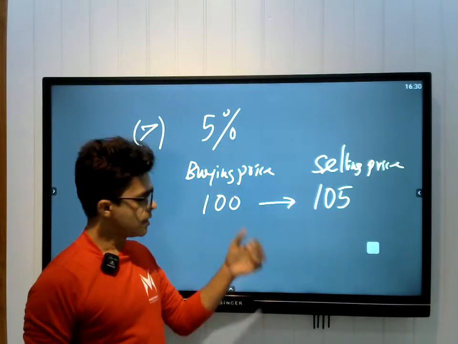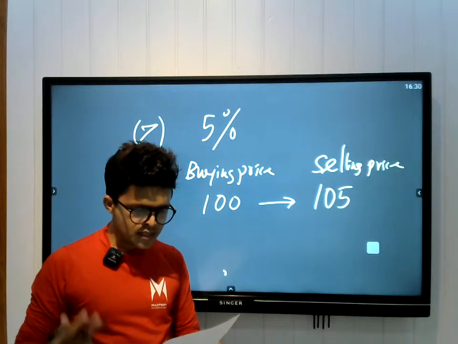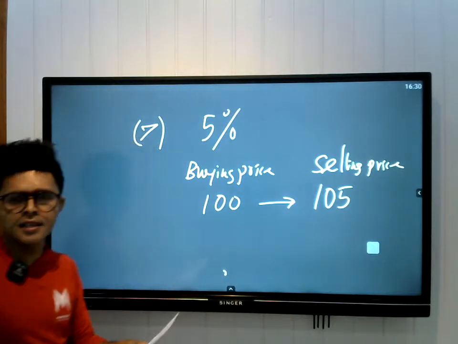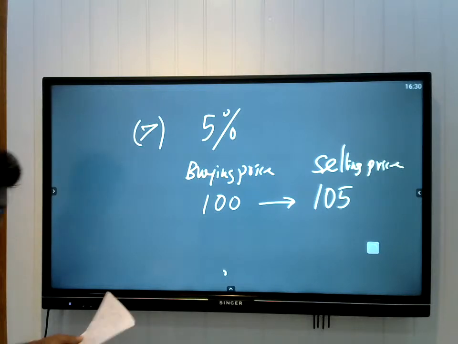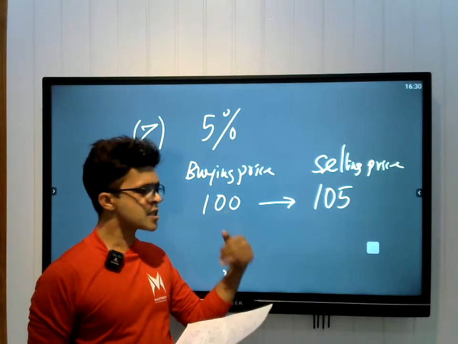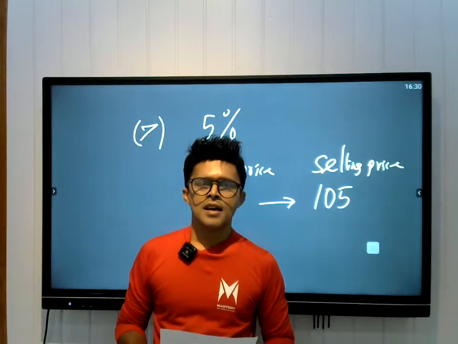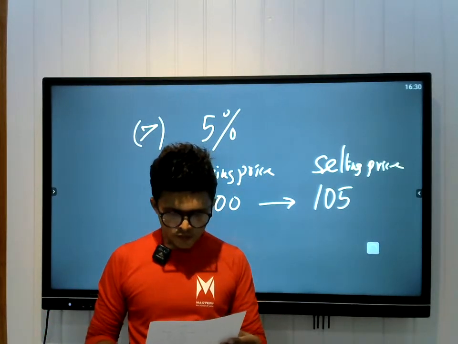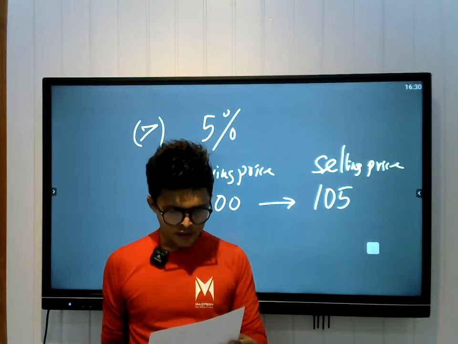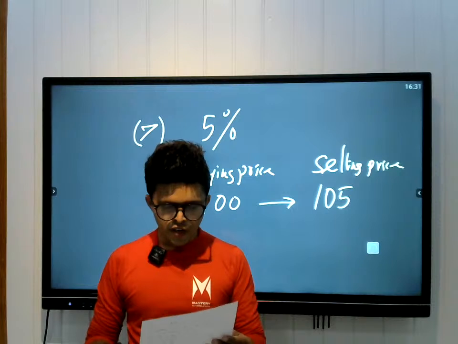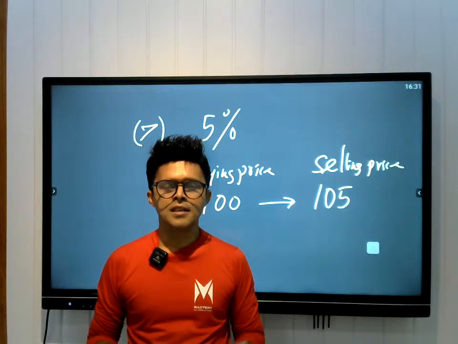He expects 5 rupees as profit. Then he has bought this article for 900 rupees. So how do we get the profit he expects?